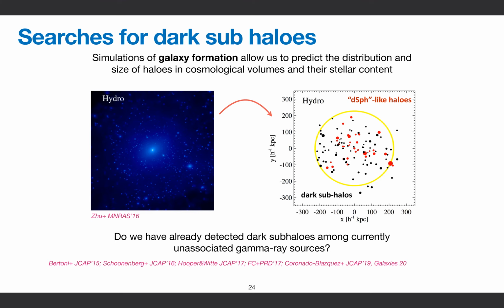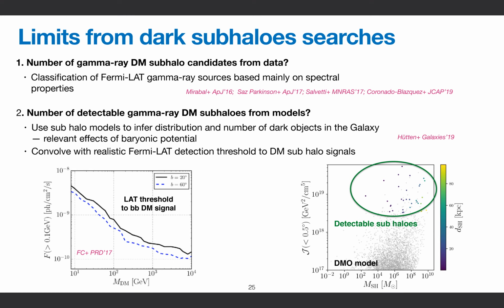And if you want to do so, what you have to do is, on the one hand, have an estimate of the dark matter subhalo candidates that you expect from data, and on the other hand, have an estimate of the detectable number of gamma ray subhalos that you expect from your model. And to do so, you first have to have a model for the substructure distribution in the galaxy, and a model, or let's say an estimation, of the detection threshold of the LAT.